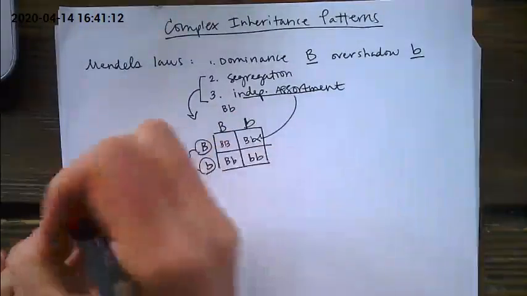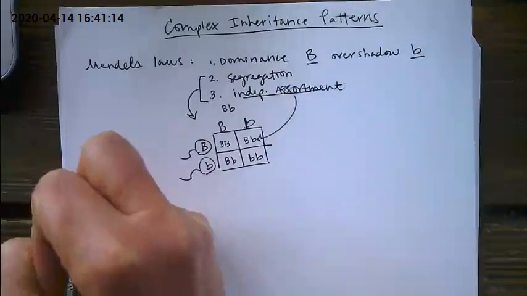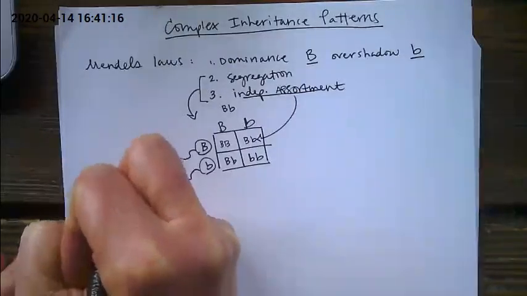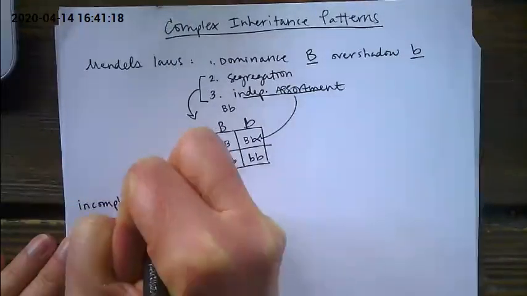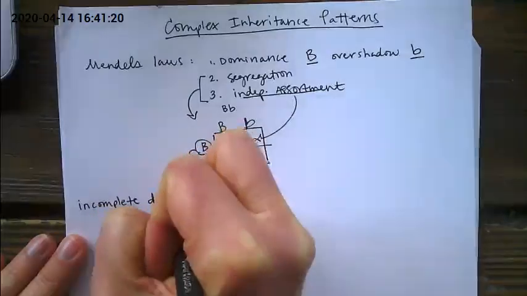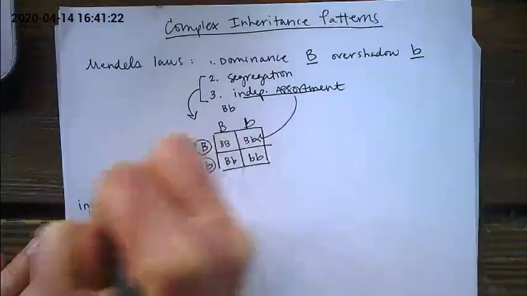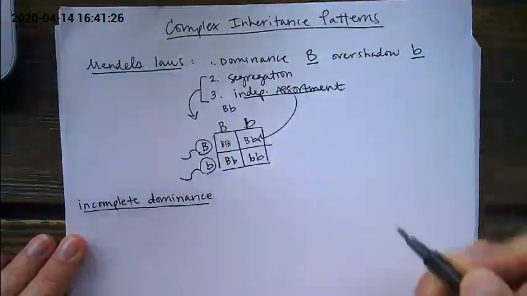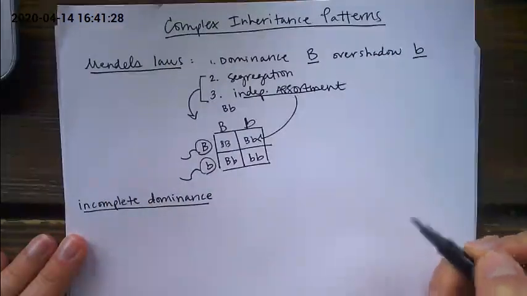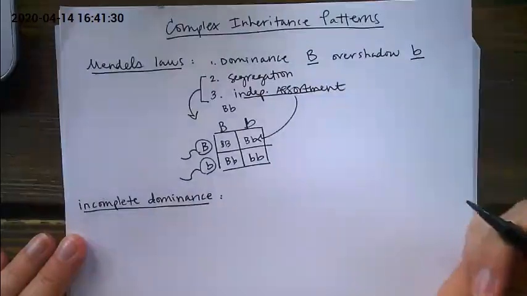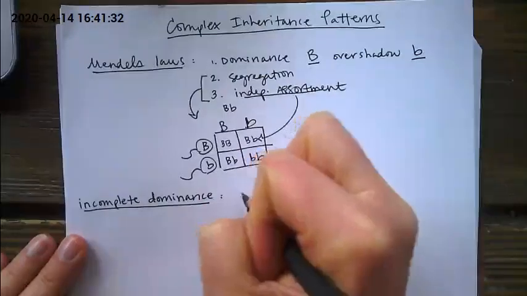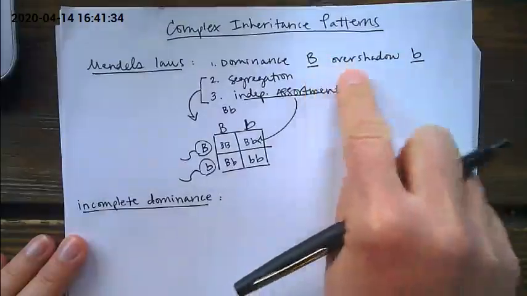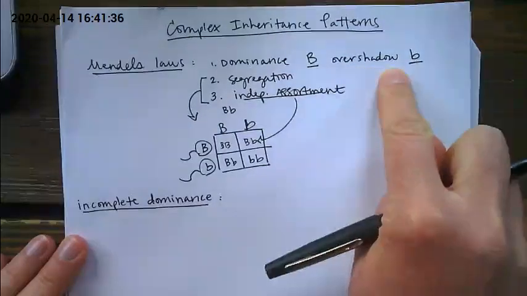So the first that the notes talked about was this concept of incomplete dominance. This is when you don't have Mendelian dominance.